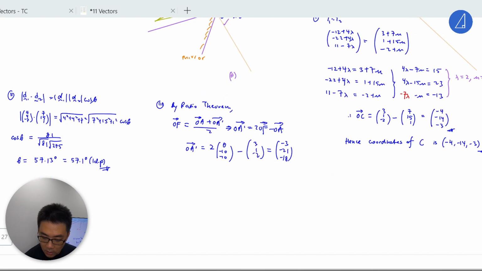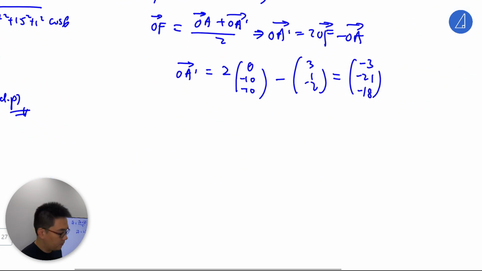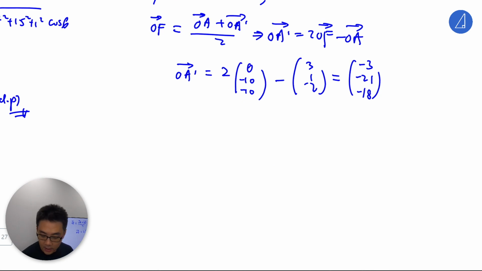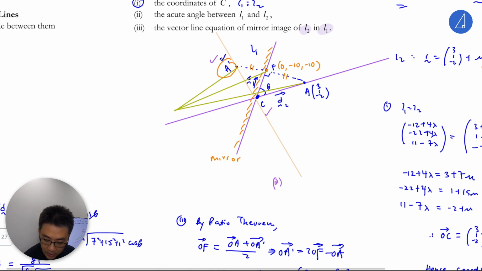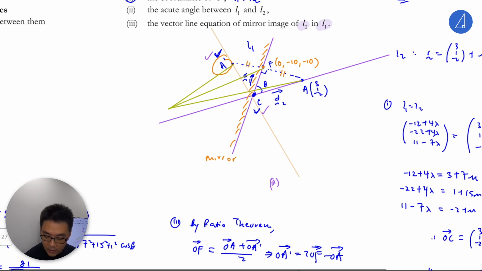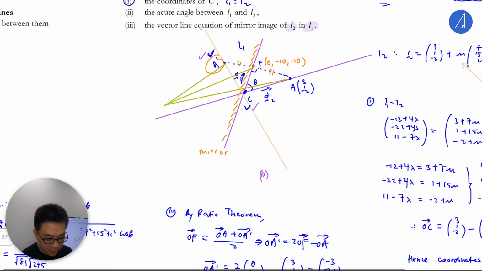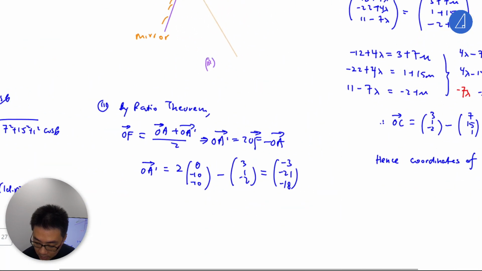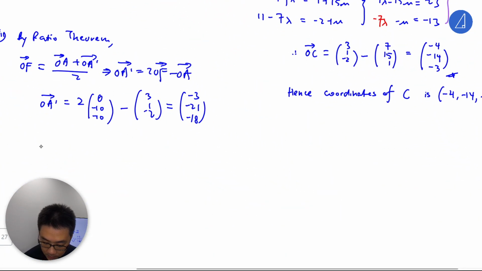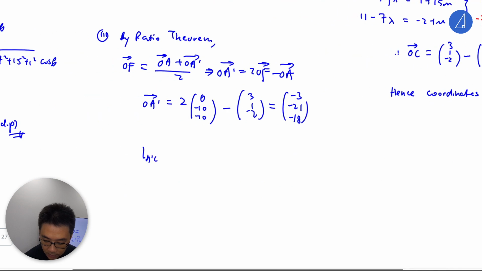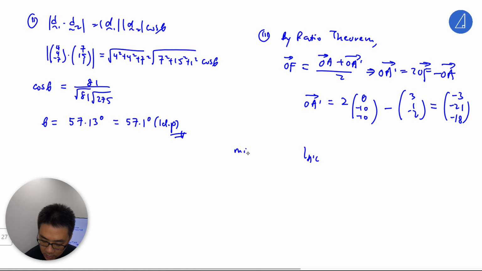Yeah, there you go. So once you've done that, you have OA prime already. So you have two points on a line, that's sufficient for you to find the line equation. So OC is given by this, right? So line A prime C, the mirror image, is LAC.